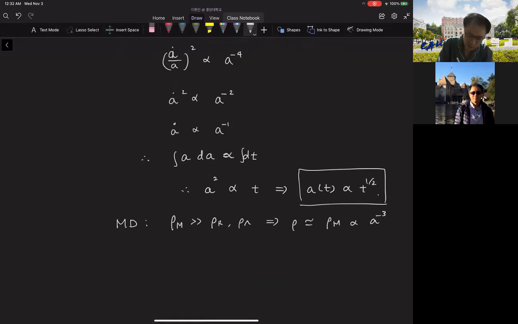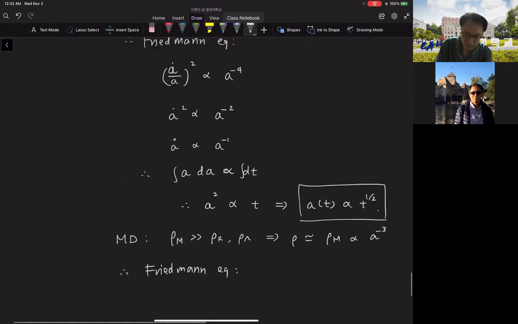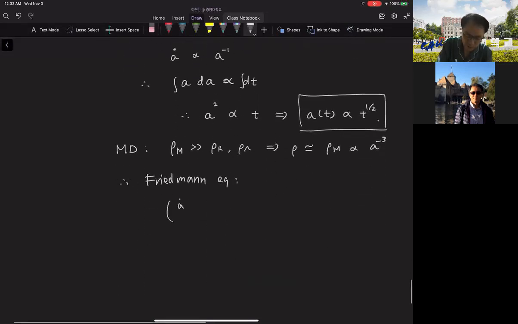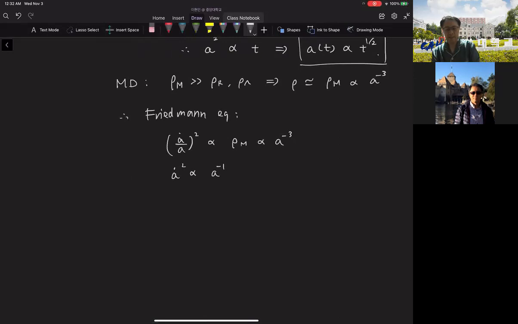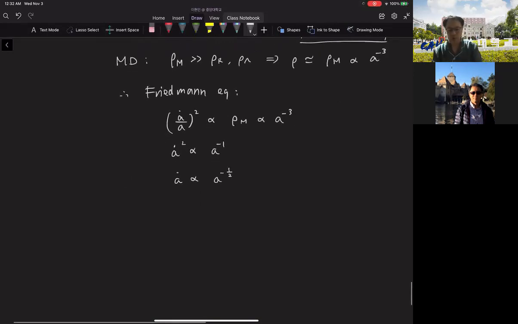So again, you can use the Friedmann equation, which is proportional to the matter energy density, which is A to the minus 3. Therefore, A dot squared is proportional to 1 over A, and A dot is 1 over square root of A.